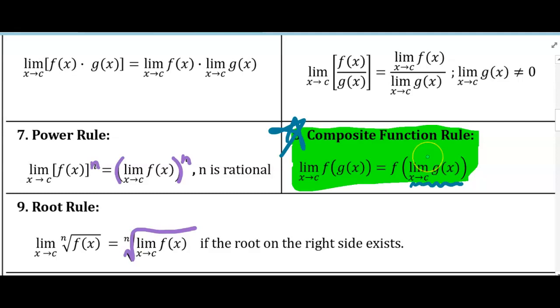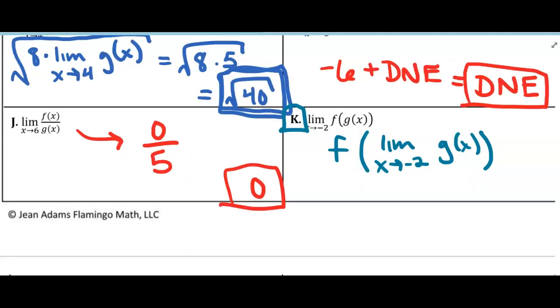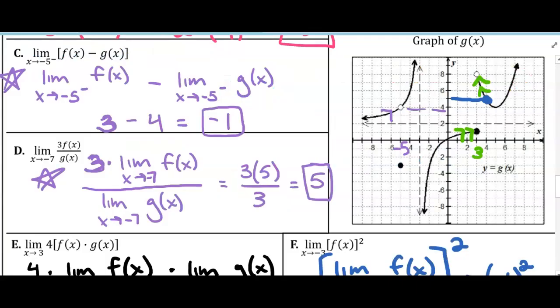I will plug that into f in this case. So when I go back to letter K, I am taking the limit of the inner function, which in this case is still g, and then I will plug that value into f. And so when I go to g and I look at -2, which is here, that puts us at a y value of -3.